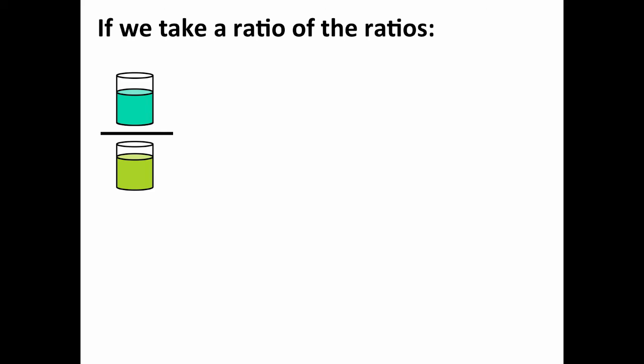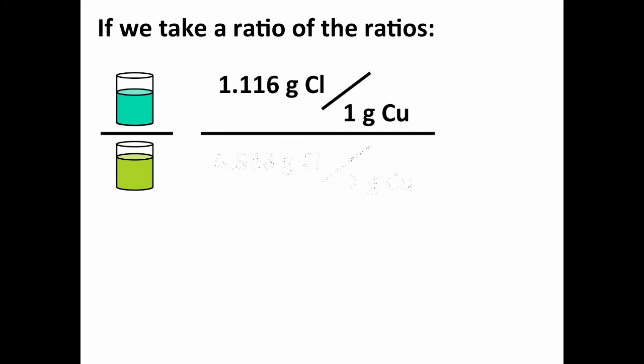We're going to take the aqua blue-green compound and compare it to the green compound, and the ratios were 1.116 grams of chlorine per 1 gram of copper to 0.588 grams of chlorine per 1 gram of copper, respectively, for the aqua and green compounds.